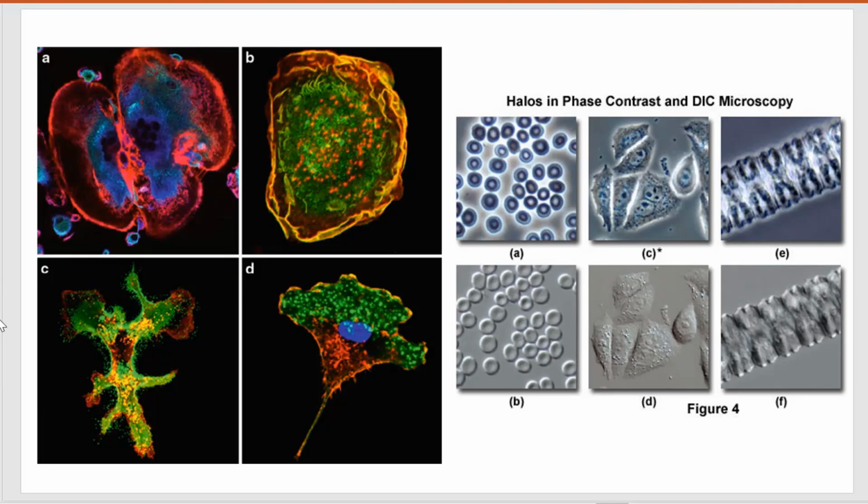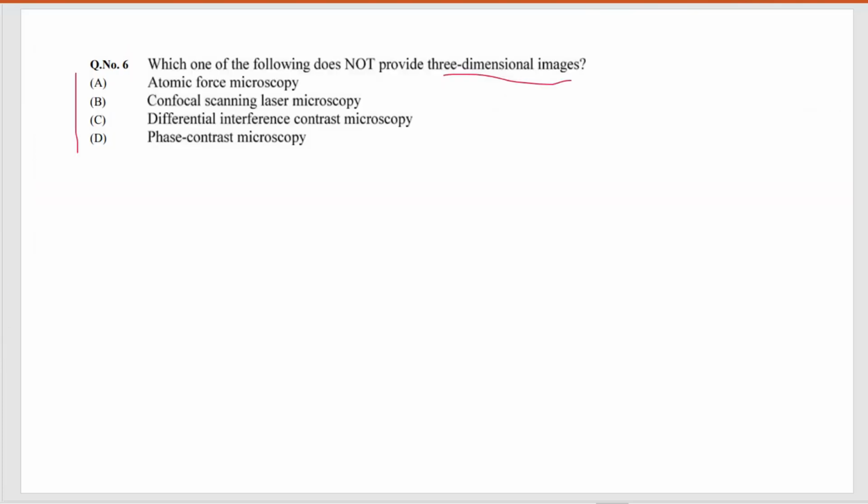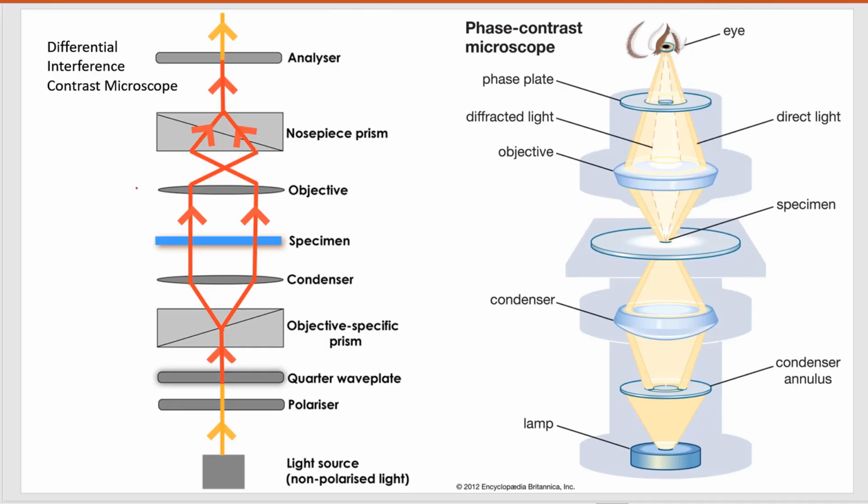Next is differential interference contrast microscopy and phase contrast microscopy. These are the last two kinds of microscope. In differential interference contrast microscopy, we have a polarizer, and non-polarized light passes through it. But first I'll explain the phase contrast microscope.